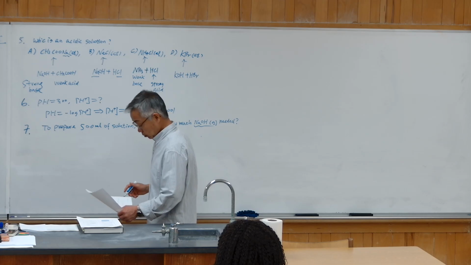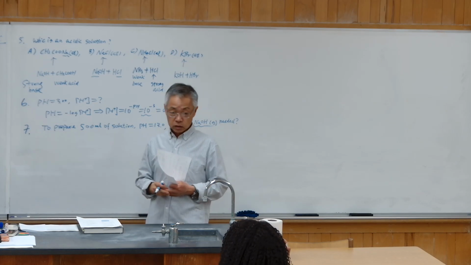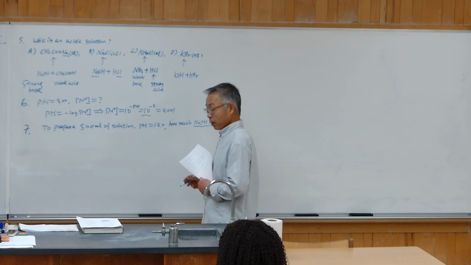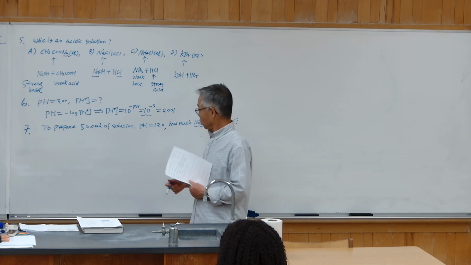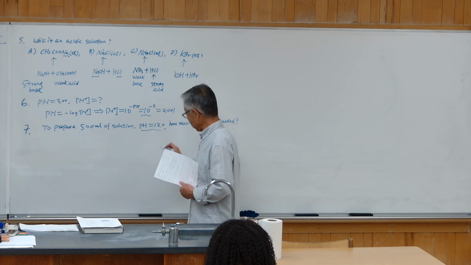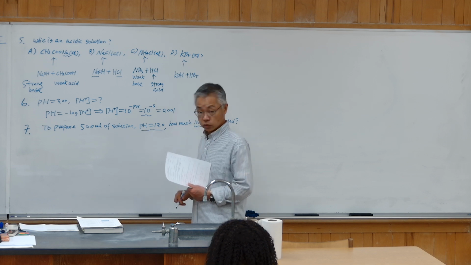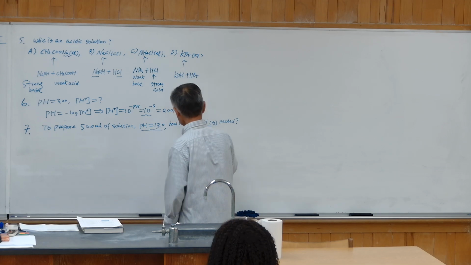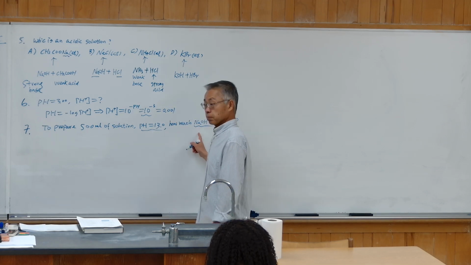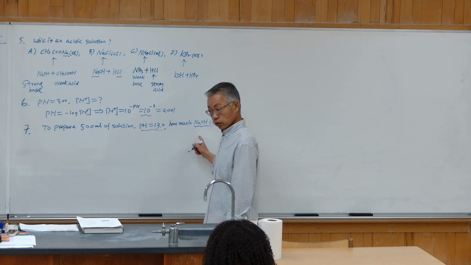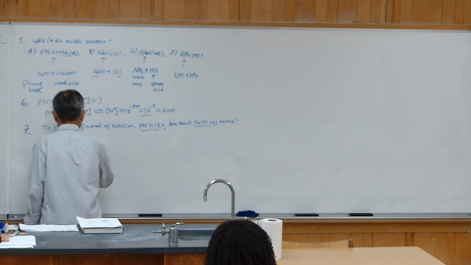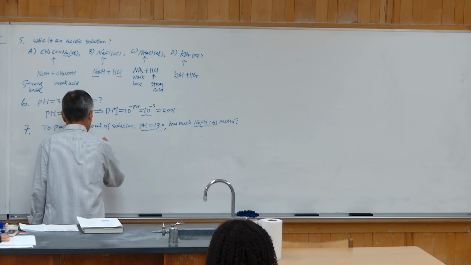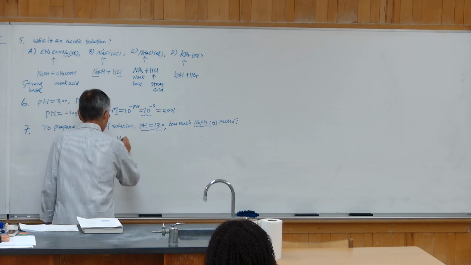So prepare a solution. You need to weigh a mass, then dissolve it in water and make the final volume with this concentration. The pH actually tells you that you need to convert it to concentration. Since NaOH is a base, NaOH dissolved in water is a strong base. The actual process is this. You add some water there.